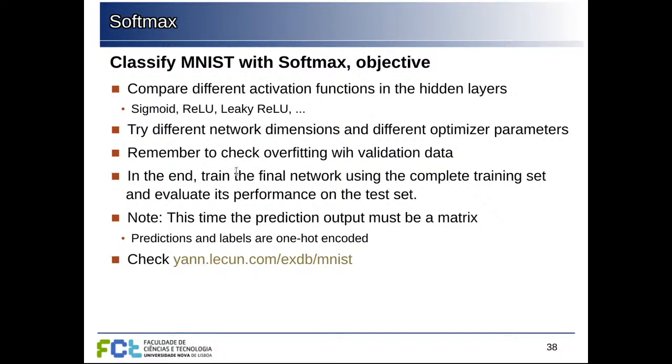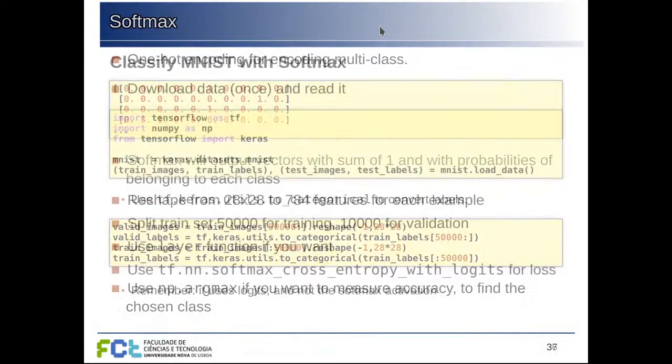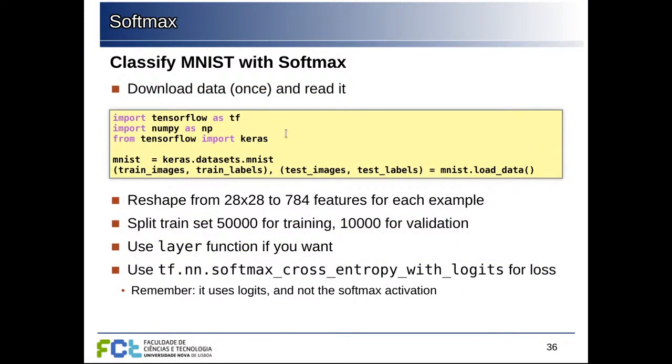So you can try different dimensions, different parameters for optimization and so on. You can check for overfitting. So the idea here is that you leave this test set just at the end to estimate the true error if you want.